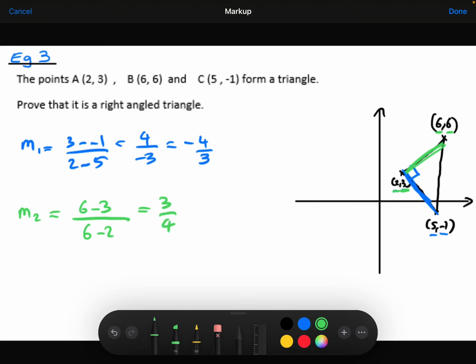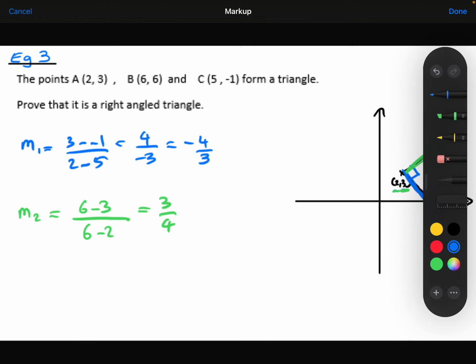Now, by looking at those two, you can probably say that they are perpendicular because of the negative reciprocal. But better than that, I'm going to be more formal.